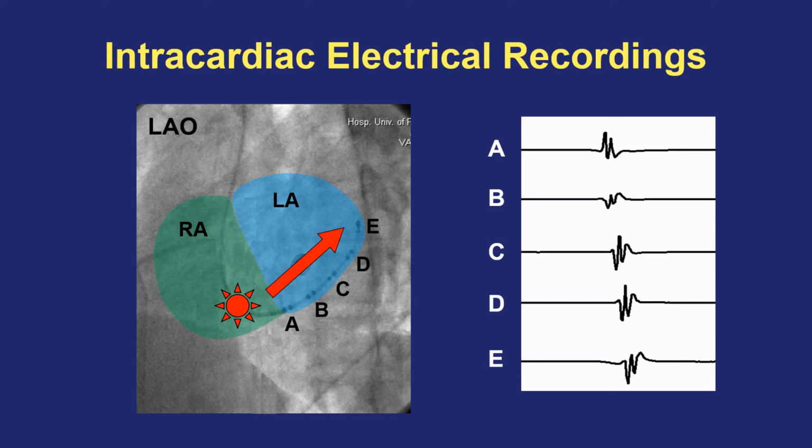If there had been a signal that originated from the lateral aspect of the left atrium and traveled in this direction, then we would have seen the bipolar recording in E first.